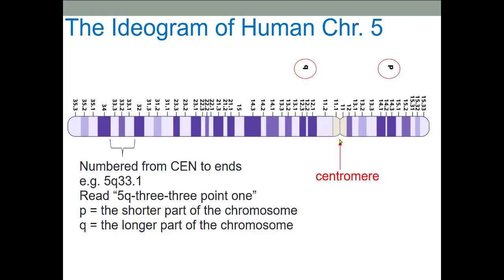And as I mentioned a minute ago, the short arm of the chromosome is always labeled the P arm. The longer arm is labeled the Q arm. And then those regions are numbered from the centromere to the end. And you can see the numbers across here. Think about this, though, as almost like a hierarchy, right?